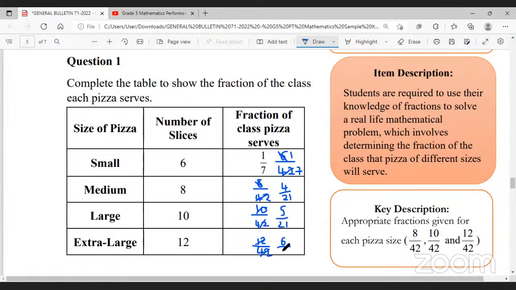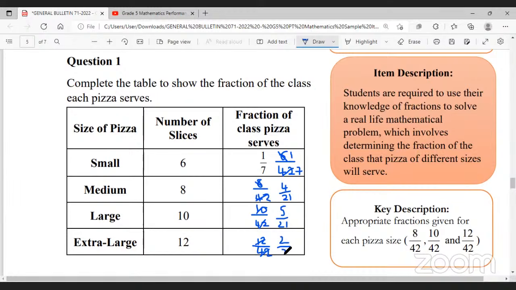I could have used 6 here because we know 6 goes into 42. So I can say 6 into 12, 2. And 6 into 42 is 7.